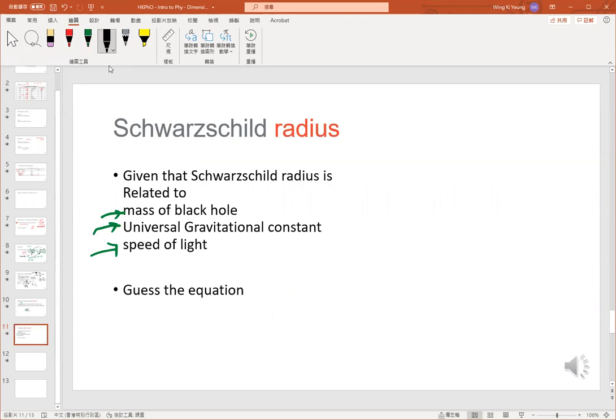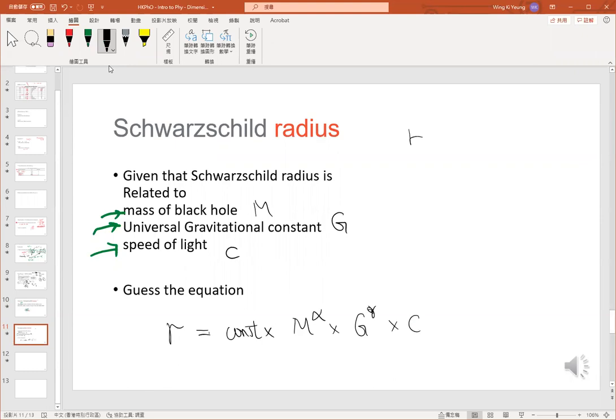So then let's guess the equation. Most likely we'll guess it this way: the radius r, where this is m, this is big G, this is c. You guess it as some constant times mass to some power, times G to some power, and then times c to some power.